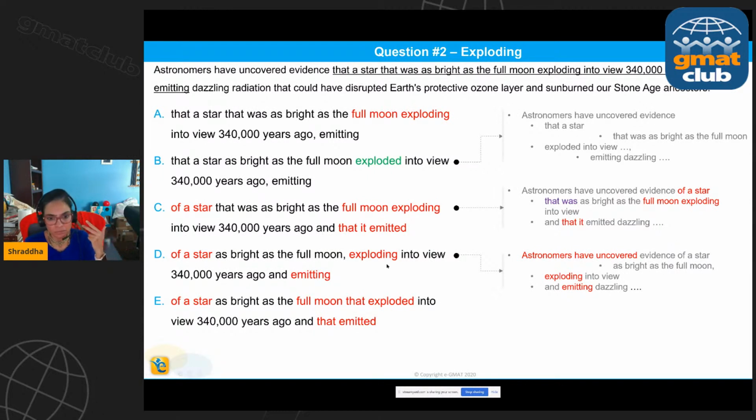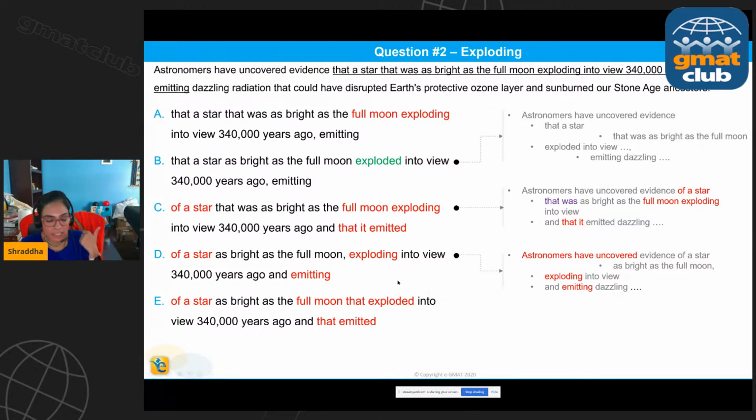Second criteria: who is exploding into view? According to choice D, it is the astronomers who exploded into view. And that is absolutely wrong. And the same thing is happening with another comma plus verb-ing modifier in the sentence, emitting. Because there is no verb for star, exploded, now both these comma plus verb-ing modifiers illogically connect with astronomers have uncovered evidence and present absolutely illogical meaning.